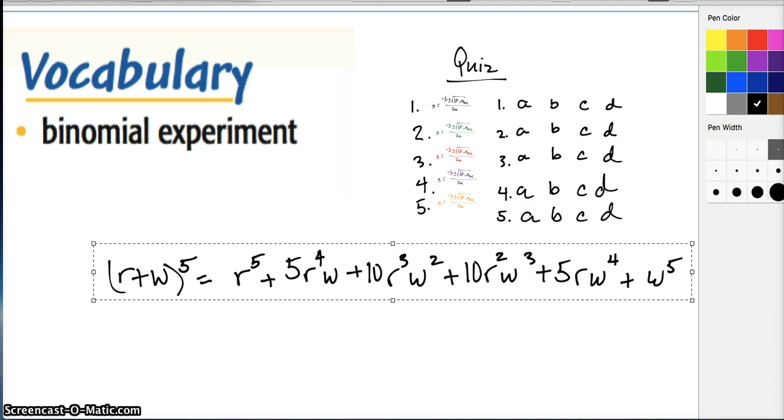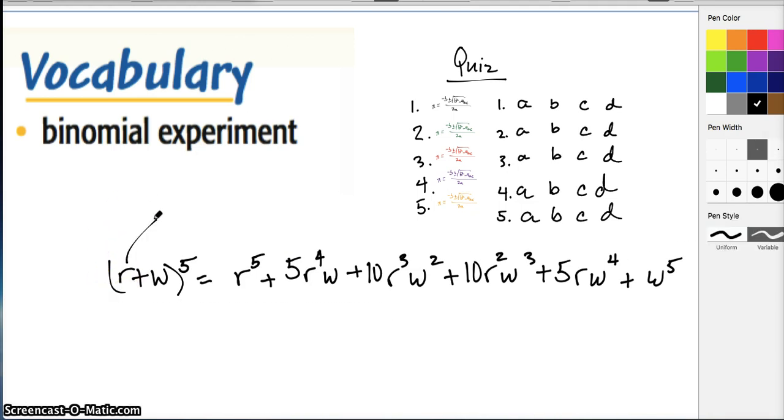Let R represent the number of correct questions, and let W represent the number of wrong answers. So how can you get all 5 answers correct? Well, there's only one way to do that, the coefficient 1.